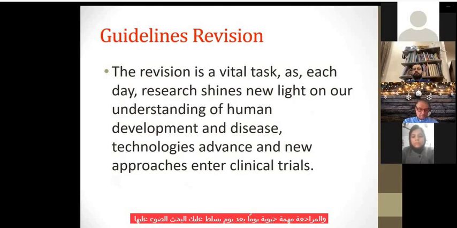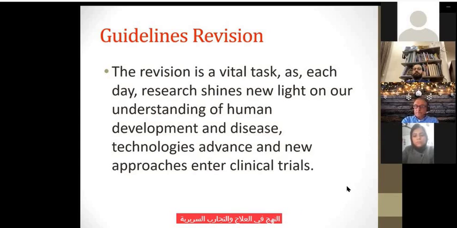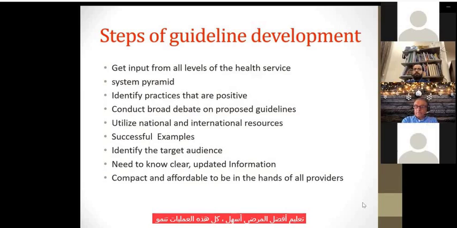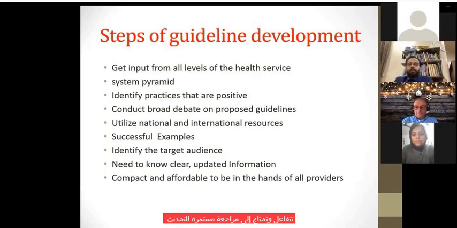Day by day, the research shines new light on our understanding of human development, disease, the technologies, advanced devices, approaches in the diagnosis, approaches in the treatment, and the clinical trials, trying to make it easier to reach the best for patients. These are all growing processes. They interact and need continuous revision to update the guidelines accordingly.